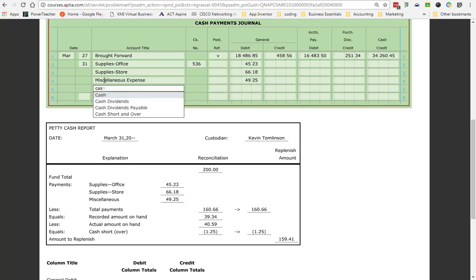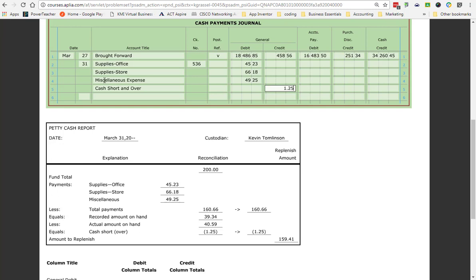Cash short and over is $1.25 as a debit or credit. It is a credit because we're over, and an over is like revenue. So I'm going to go ahead and put $1.25 right here. Do my debits and credits equal? Oh, good Lord, no. I have 3 debits that equal $160, and I have 1 credit for $1.25.